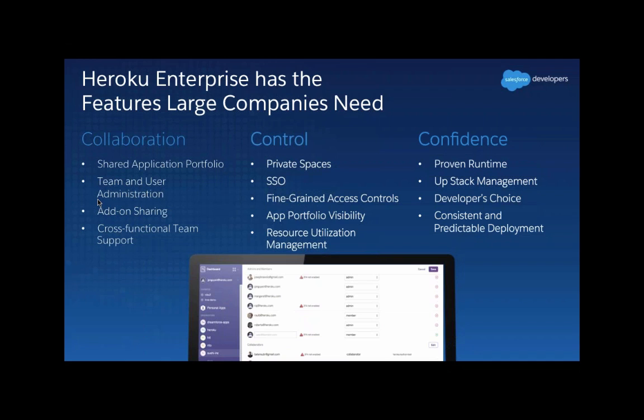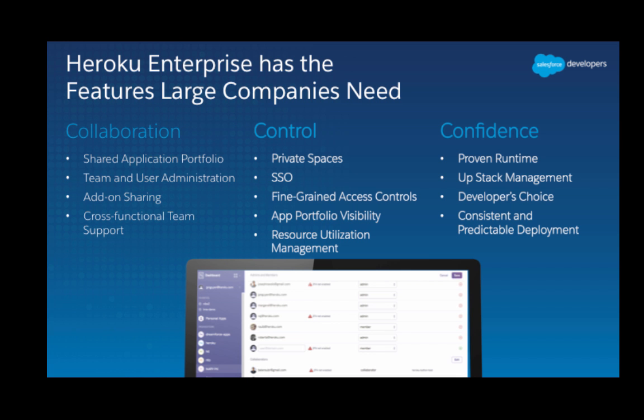And now there's so many enterprises using Heroku that we had to add some additional features to support the enterprise. So things like collaboration, control, and confidence are the key feature areas of Heroku Enterprise. So allowing us to establish teams that have access to a grouping of apps, and then different control parameters.